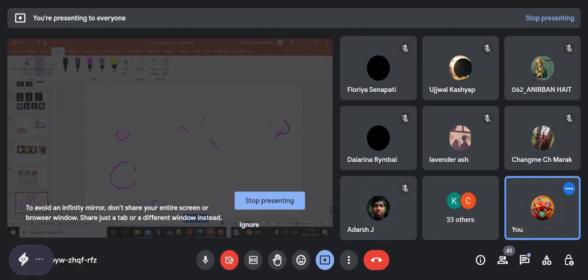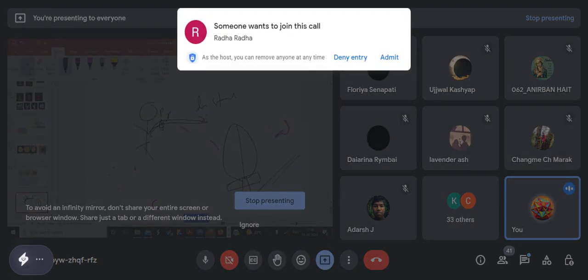Okay, so let's see proximal distal. A very easy way to understand it: if you think of your arm, the part of your arm closer to the body is the proximal, and the part far away from it is the distal. Now if we see the same thing in terms of a leaf, suppose this is your axis with branches on which you have this leaf, so this part is the proximal and this is the distal.